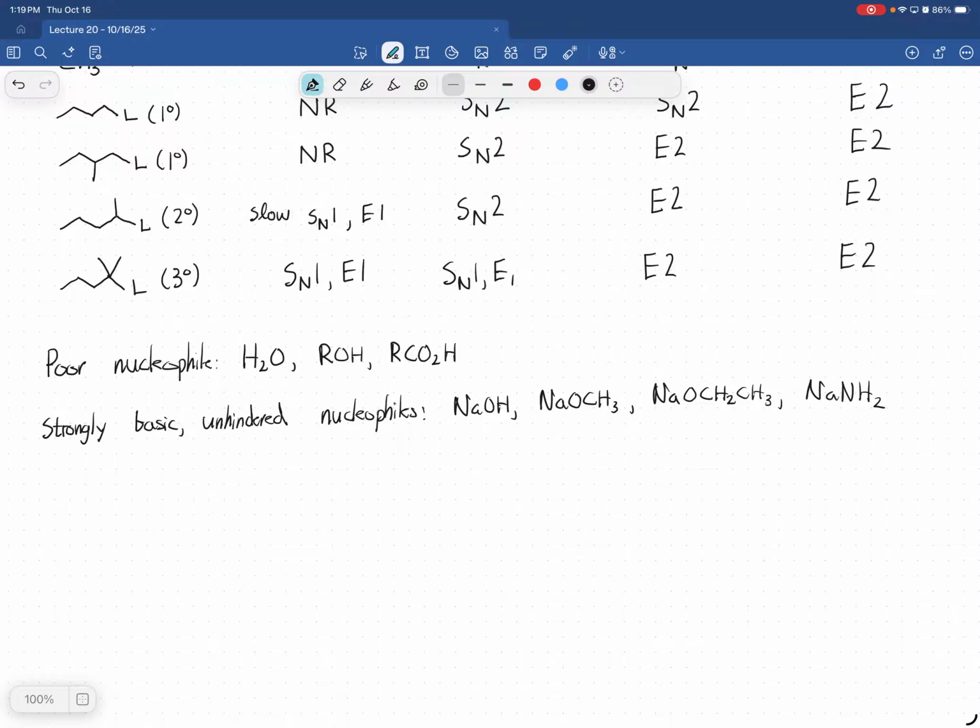Okay, and then the only really two strongly basic hindered nucleophiles you need to worry about are the sodium or potassium tert-butoxide, the hindered alkoxide, and LDA. So, strongly basic hindered nucleophiles.